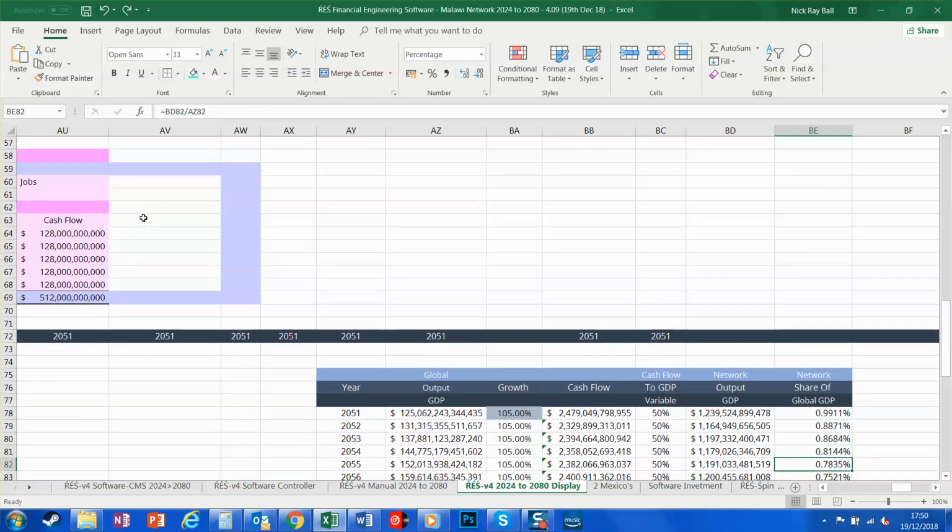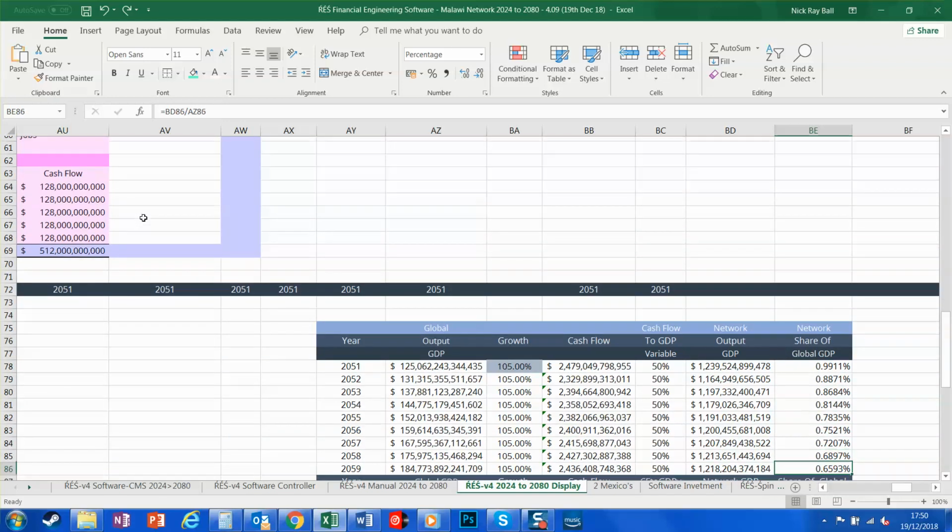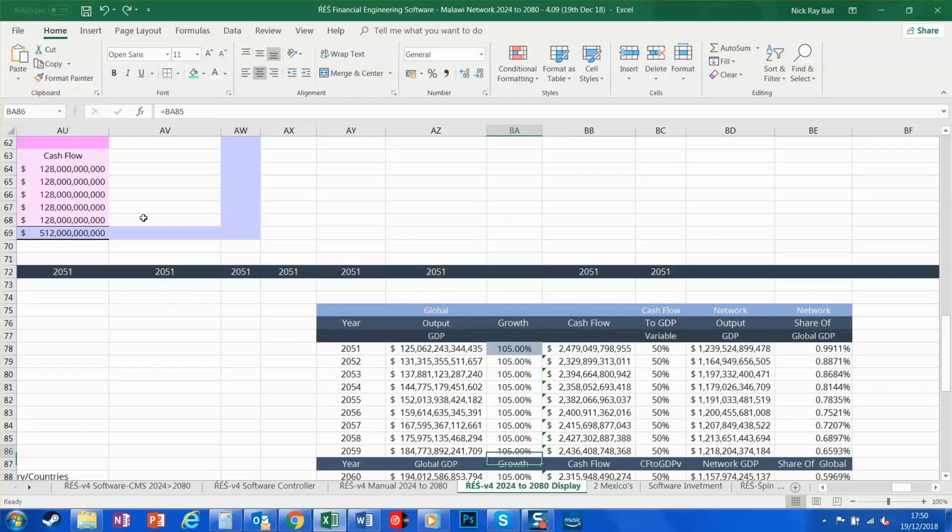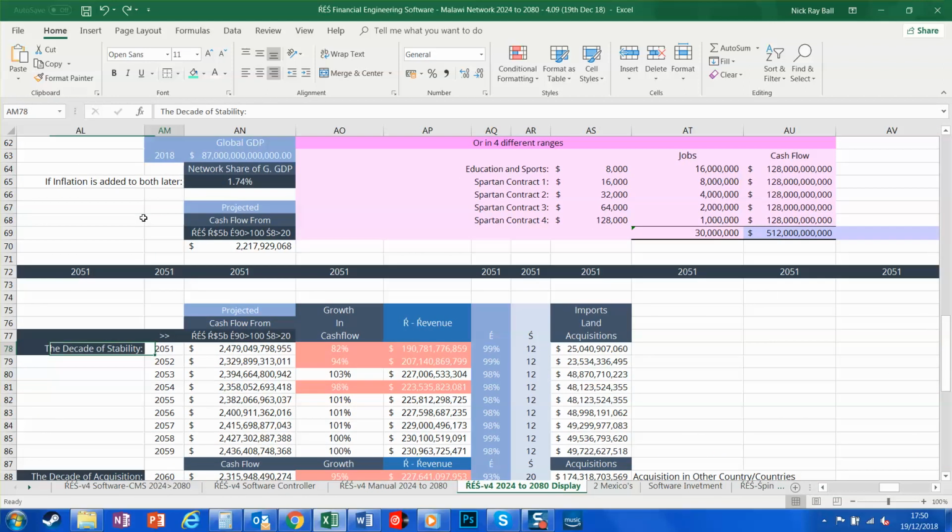I've deliberately made it go down, and then what we see is 10 years of pretty much stability, with the GDP actually going down because of that high growth, but the output, what's being made, cash flow, staying pretty much the same. When I first did this, I wasn't including inflation.